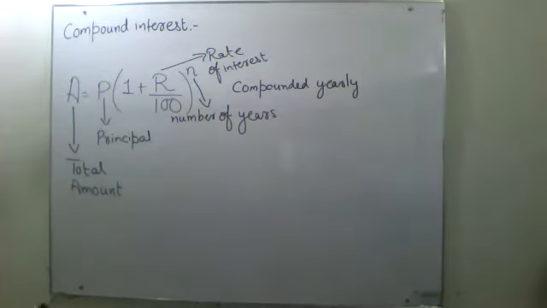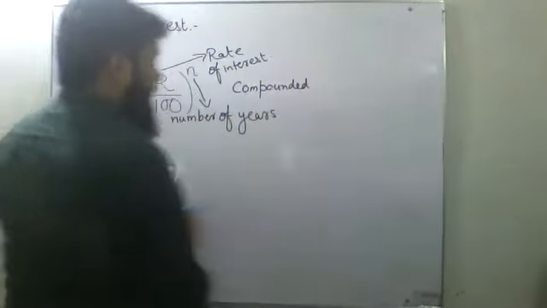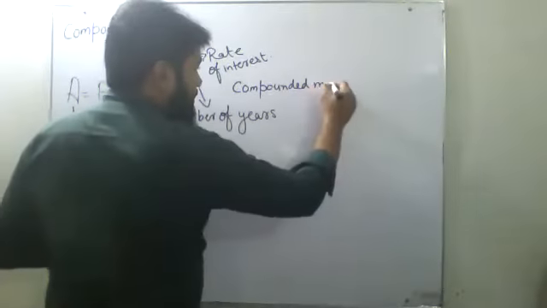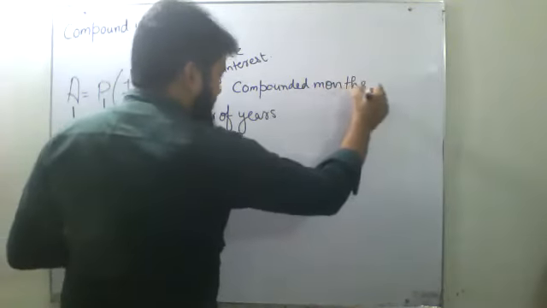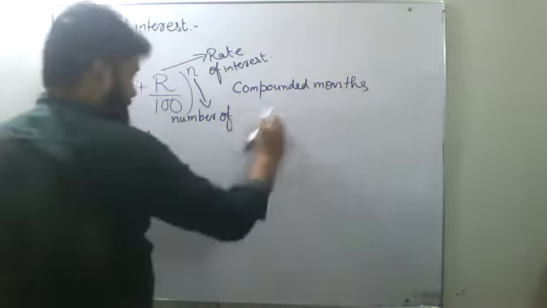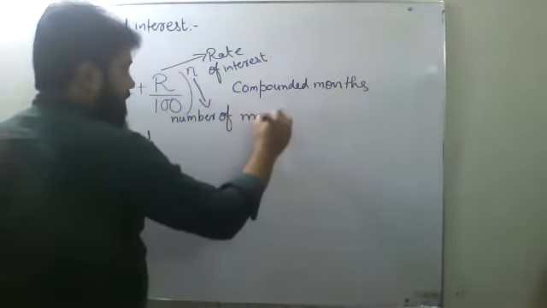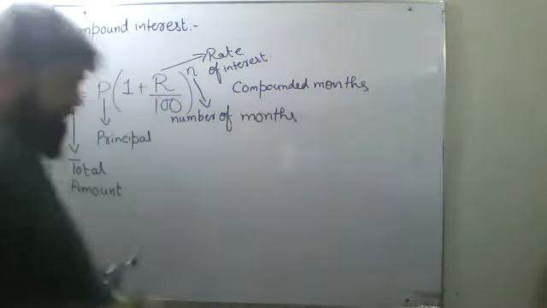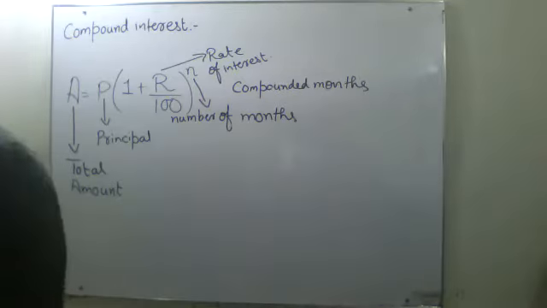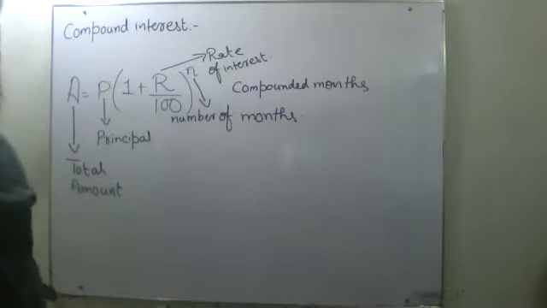If they say you have to compound it monthly, compounded monthly, then n will be taken as the number of months. This is one thing we have to take care of.